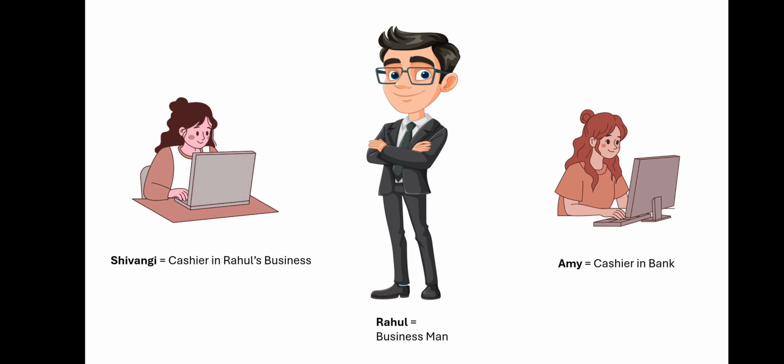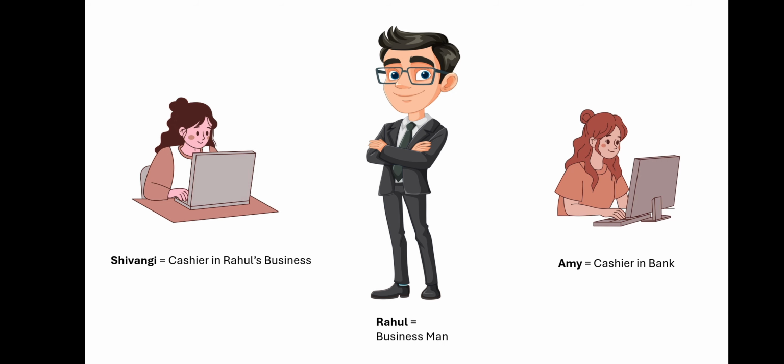The problem is that sometimes when Amy knows about the transaction from Rahul, Shivangi doesn't know about it, or Shivangi gets to know about it late. Or sometimes Shivangi knows about a transaction and the bank does not, meaning Amy does not know about the transaction, and she gets to know about it very late.